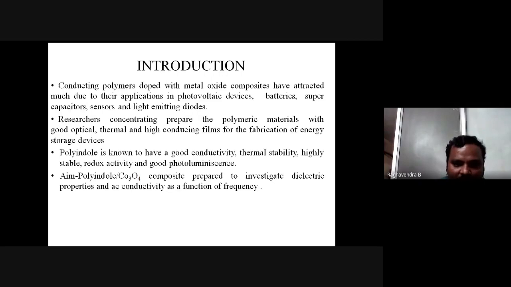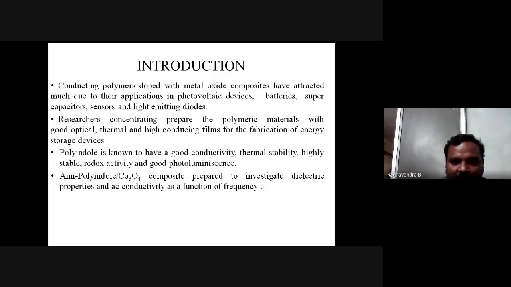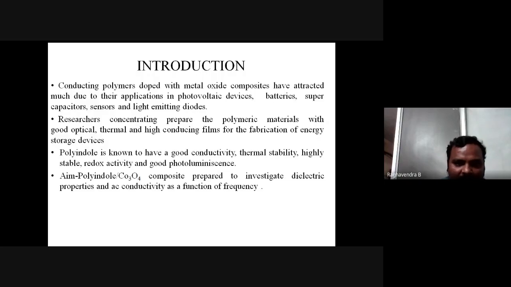And when we dope the polyindole with the metal oxide, it will have very good applications like photovoltaic devices, batteries, supercapacitors, sensors, and light emitting diodes, etc. So that is why I have chosen polyindole as my interest.